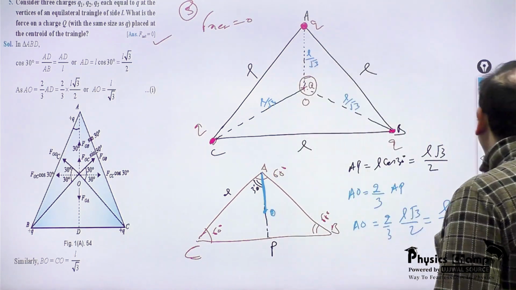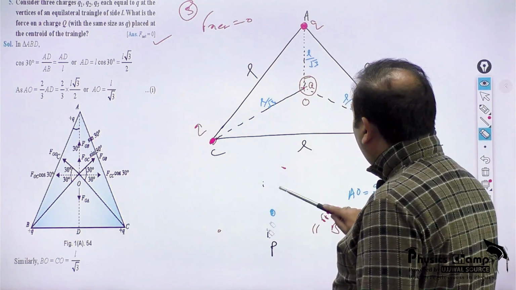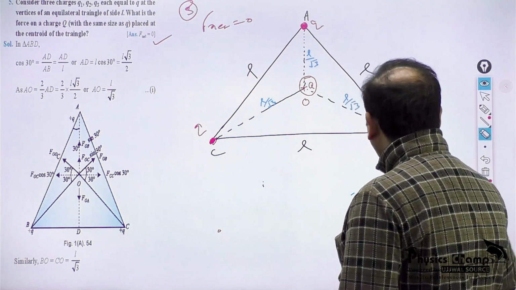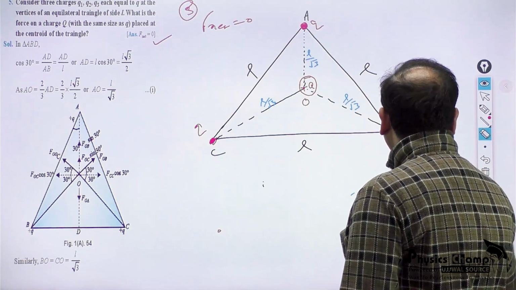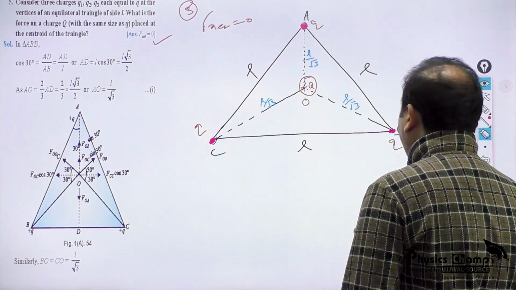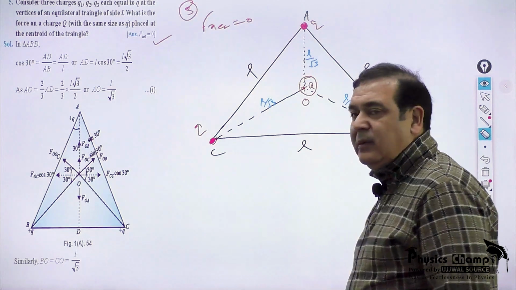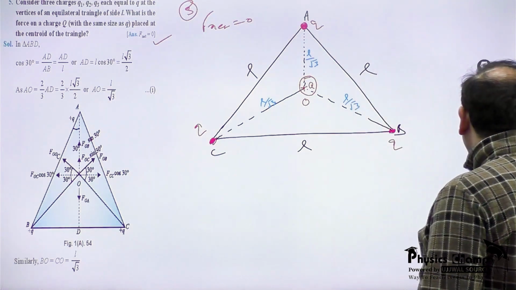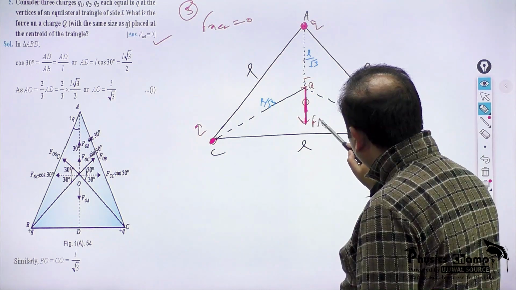The second thing we would like to learn here is, how can I say the net force at the centroid is 0? In order to find the net force at the centroid, I can look for the different forces acting at the centroid. One force acting at the centroid will be Fa.